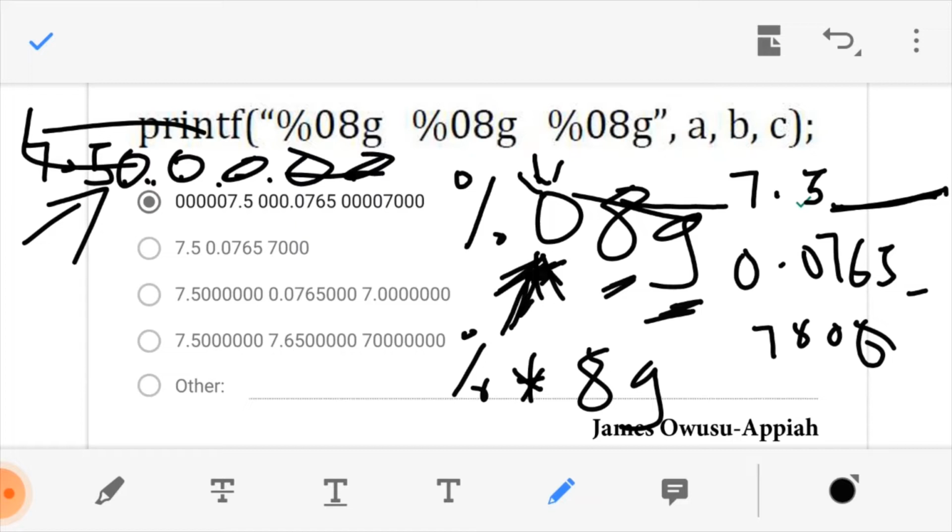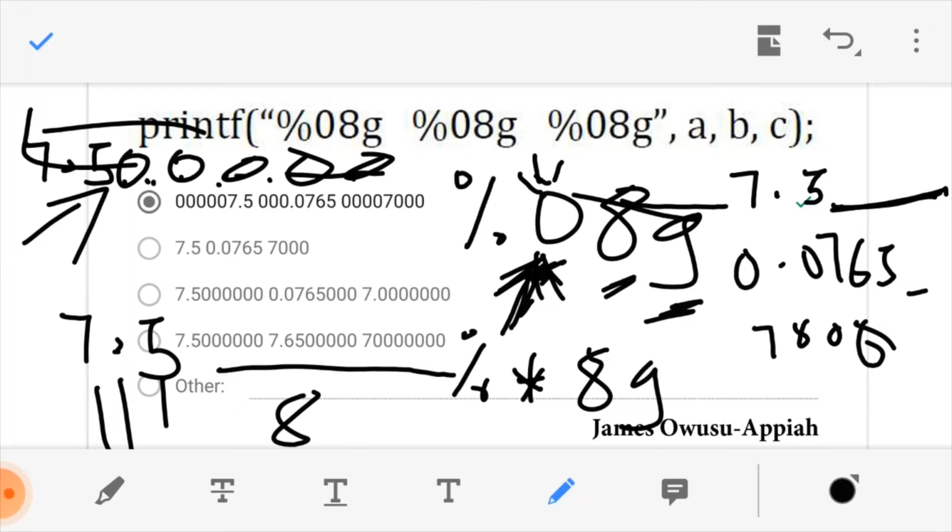So what the program actually does is every space is actually inserted in front. So let's say I have a 7.5 value here, but my minimum field width is 8, but here I have only 3 characters. Instead of the spaces, we would think that the spaces would be at the back, but no, the program actually inserts the spaces in front.